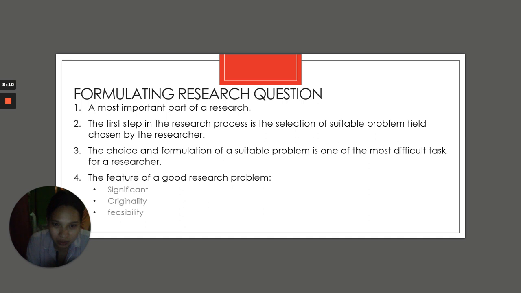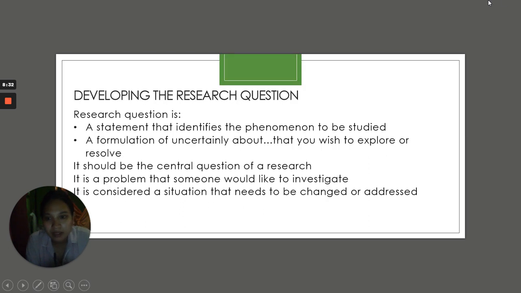The features of a good research problem are significance, originality, and feasibility.